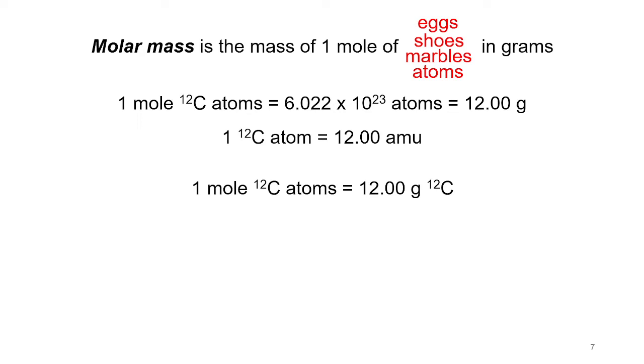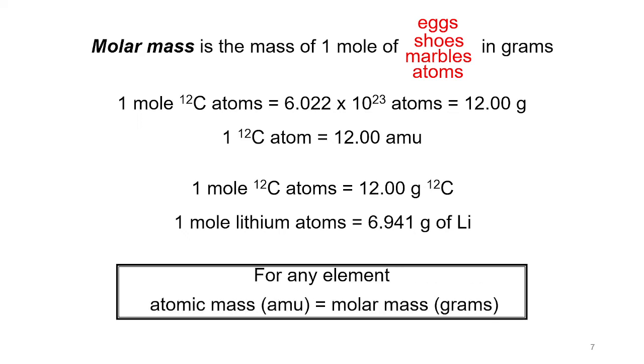If we have the average atomic mass of an element, that is equivalent to how much that element weighs in grams per mole. So 1 mole of lithium atoms, or the weight of 6.022 times 10 raised to 23 atoms of lithium, is actually 6.941 grams of lithium. For any element, the atomic mass is equal to the molar mass of that element in grams. Okay?